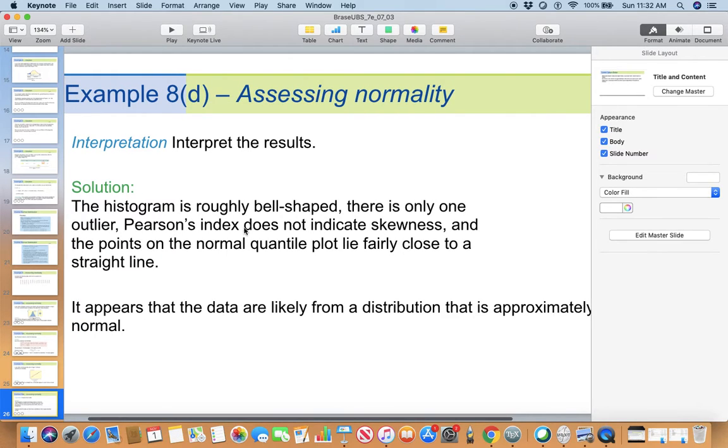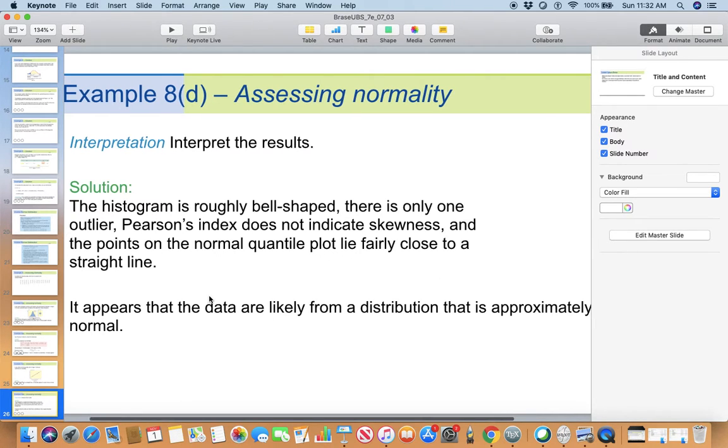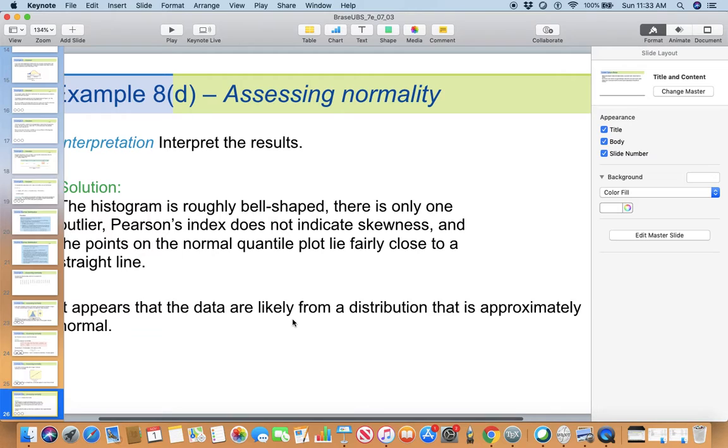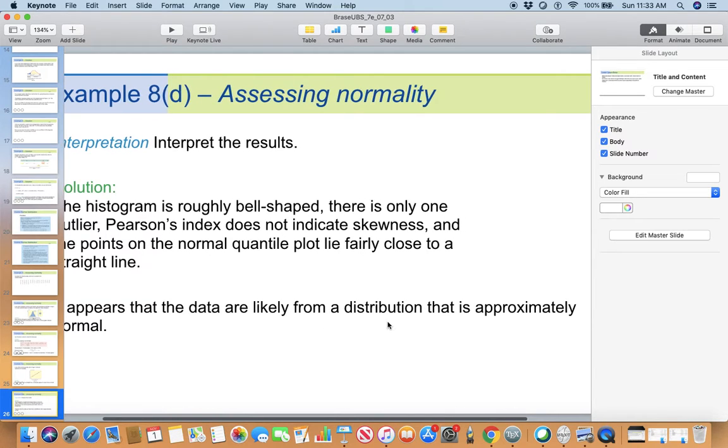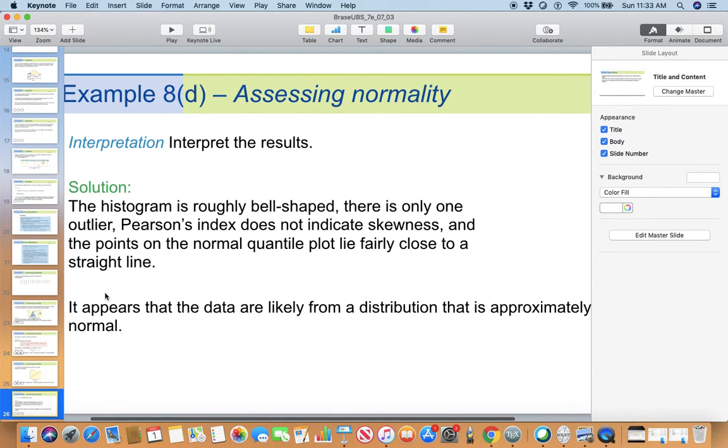Interpretation. The histogram is roughly bell-shaped. There is only one outlier. Pearson's index does not indicate skewness. The points on the normal quantile plot lie fairly close to a straight line. It appears that the data are likely from a distribution that is approximately normal.